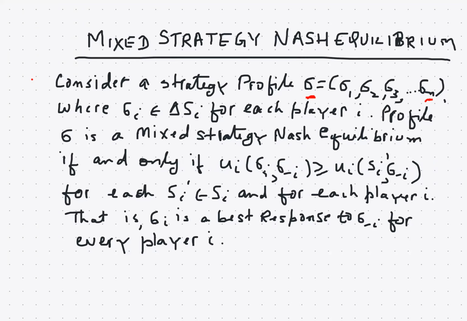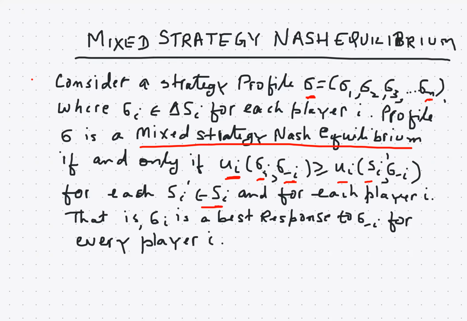Profile sigma is a mixed strategy Nash equilibrium if and only if the expected payoff for player i from playing the mixed strategy sigma i, given other players' mixed strategy sigma sub minus i, is at least as good as the expected payoff for player i once he plays a pure strategy si prime, given other players' mixed strategy sigma sub minus i. And this holds for each pure strategy si prime belonging to the set of pure strategies for player i, and for each player i.